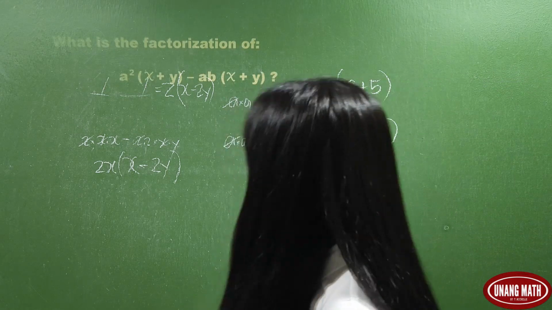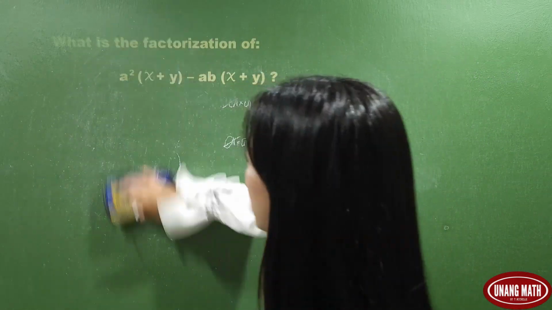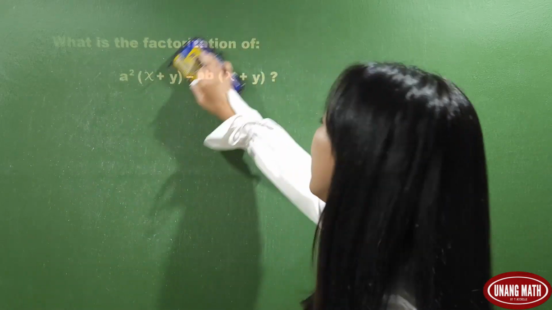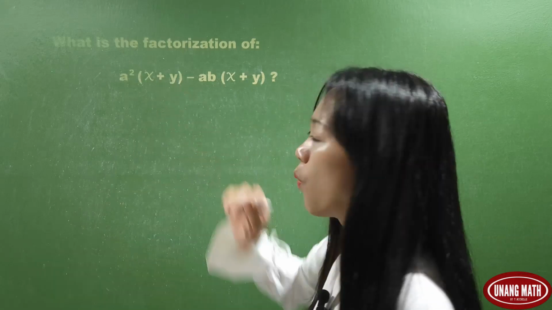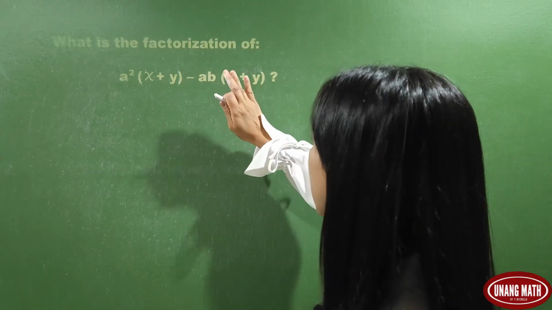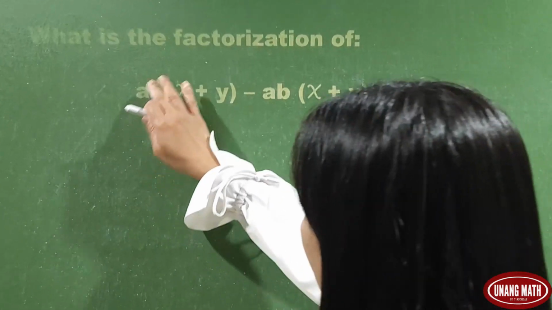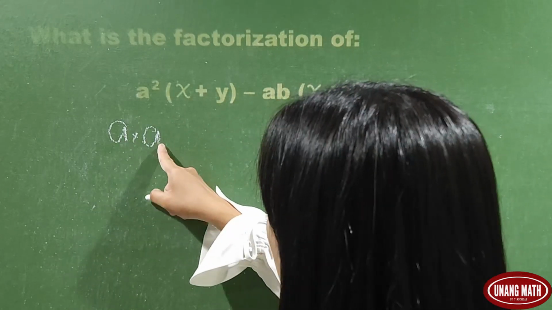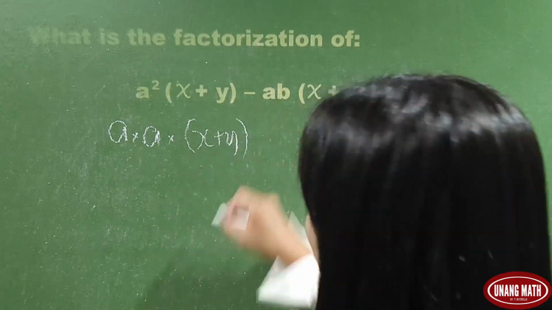Okay, this time, let's solve this first simple question. What is the factorization of a squared times (x plus y) minus ab times (x plus y)? We know that a squared would mean a times a. So this is a times a times (x plus y).